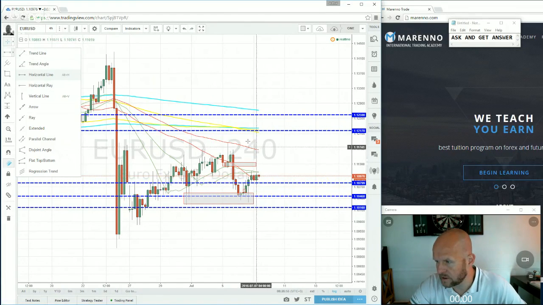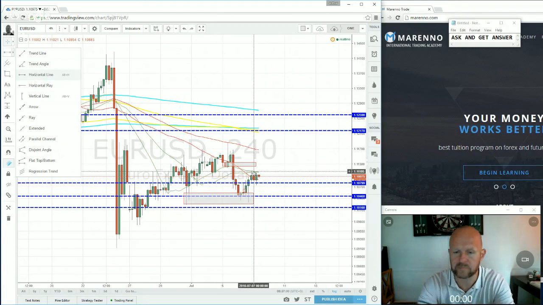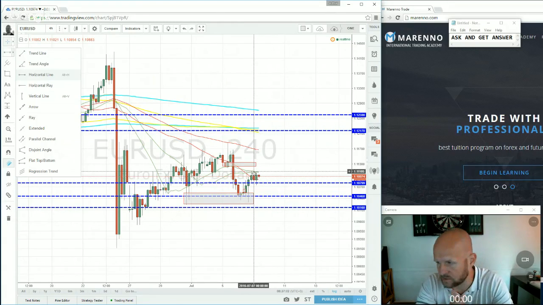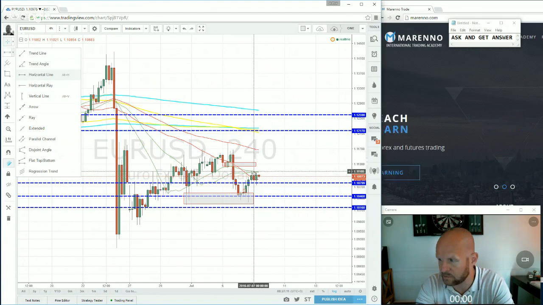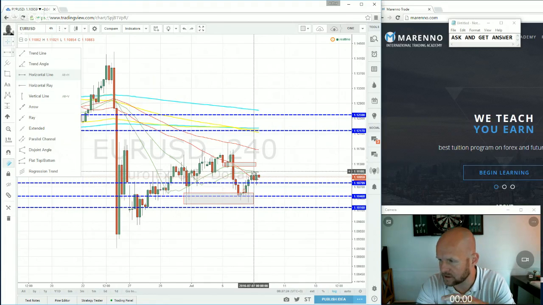I look at the charts, and if I see potential for the price to go, let's say, 100 or 200 pips, then using a scalping methodology, I try to enter the market with a tight stop loss and a high risk reward ratio.